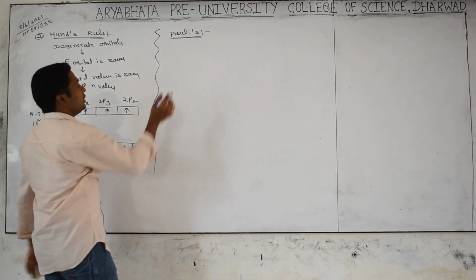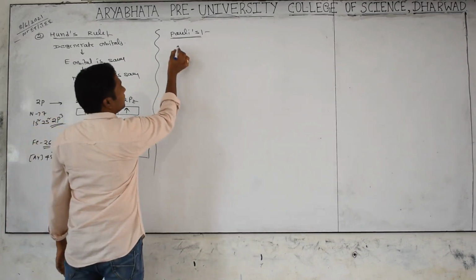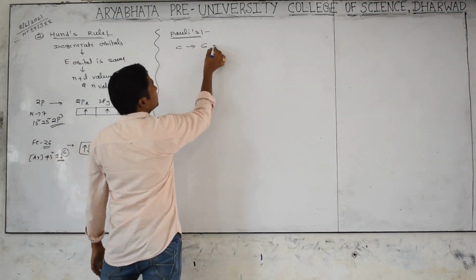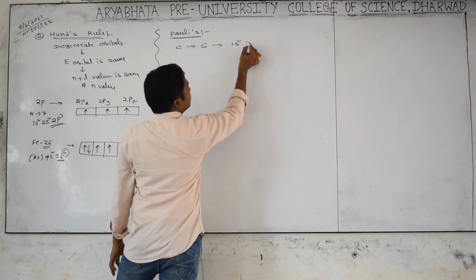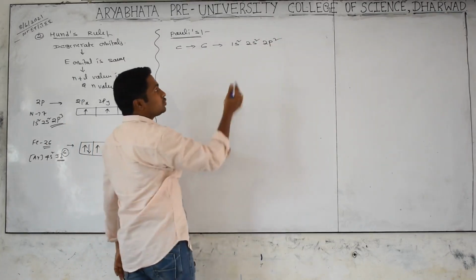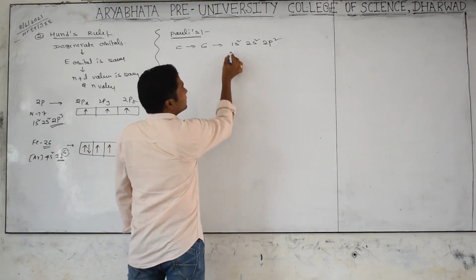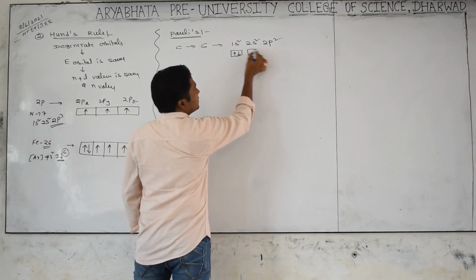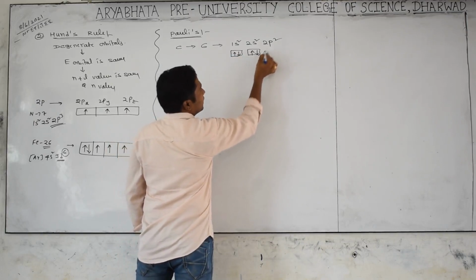For example, to understand simply, I will tell you carbon. Carbon atomic number 6, configuration 1s2, 2s2 and 2p2. So 1s2, 2s2, 2p: this is the first electron, second electron, this is the third electron, fourth electron.